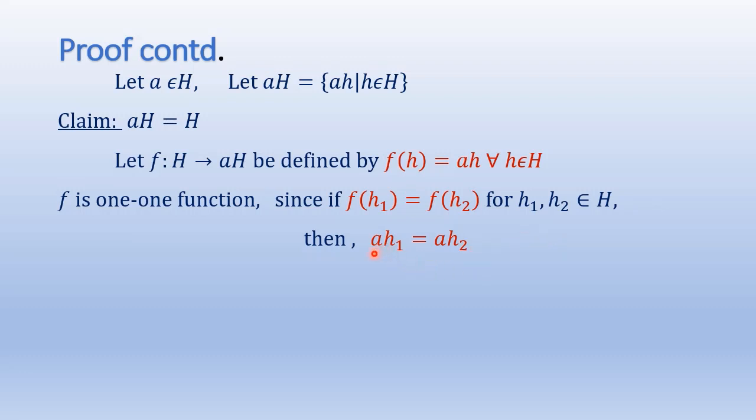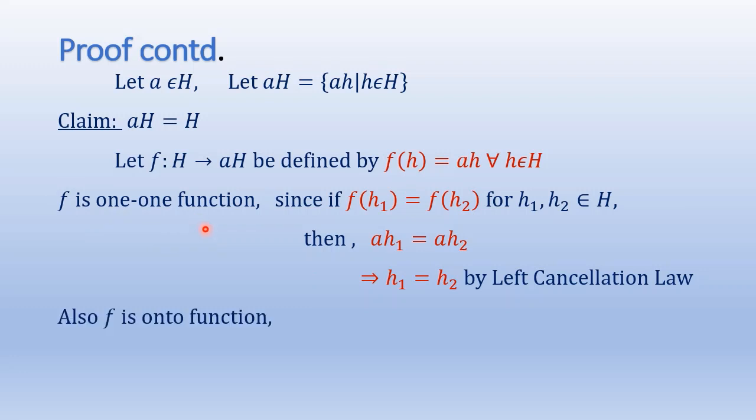Here you have the same element operated on the left side, so A can be cancelled. So we have h1 equals h2. So f of h1 equal to f of h2 implies h1 equals h2, so f is a one-to-one function.